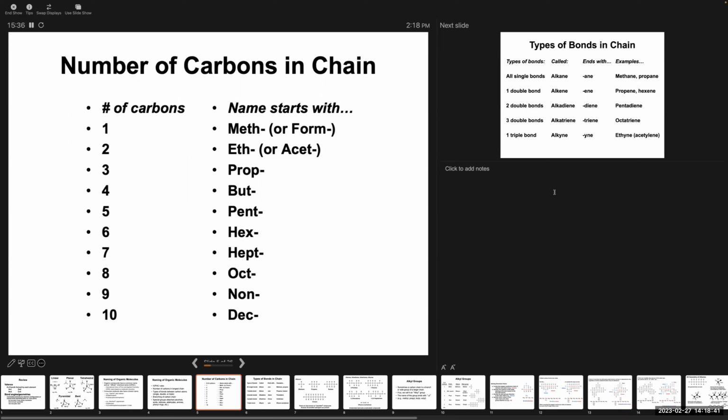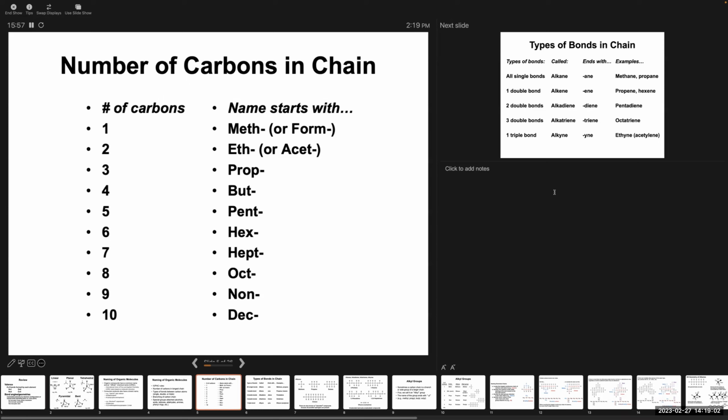So you identify that continuous chain of carbons and count how many carbons are in it. That becomes the basis for the main part of that molecule. The beginning of the name of the molecule will start with a prefix depending on the number of carbons.